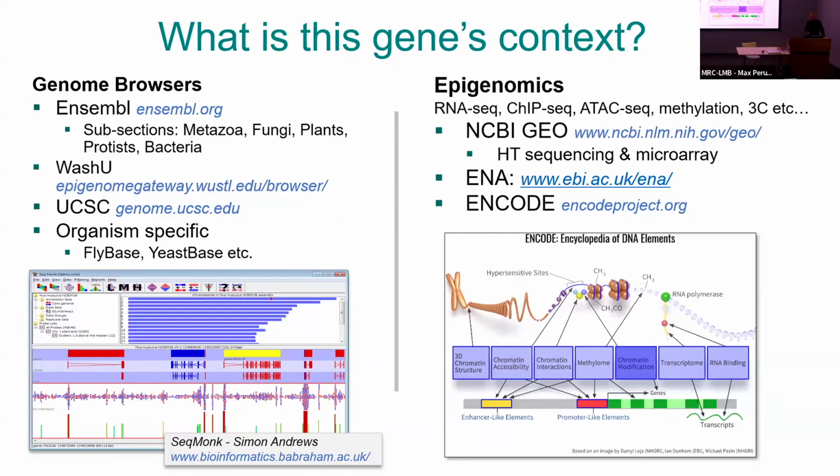And on top of the genome, to give context in terms of functionality, we tend to look at short read experiments, like the expression, the transcripts, ChIP-seq, ATAC-seq, all the other seqs that have come out since I wrote this slide. There are a lot preloaded in the genome browsers, but there are databases like GEO and ENA and ENCODE where you can actually go and have a look at, say, histone trimethylation in a particular cell line.